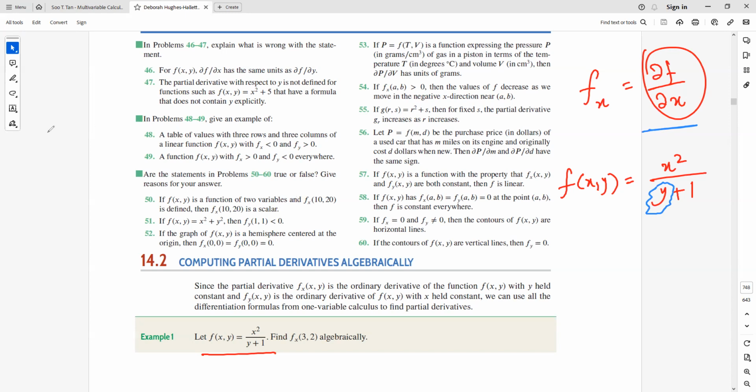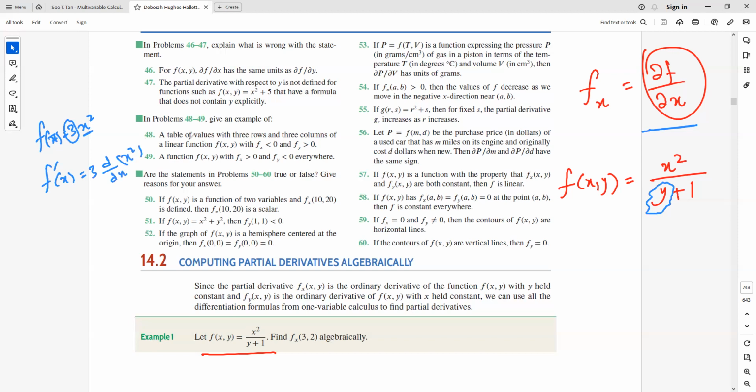Let's say we have a function f of x equals 3x squared and we need to find the derivative of this. We treat this 3 as a constant and we only differentiate x squared.